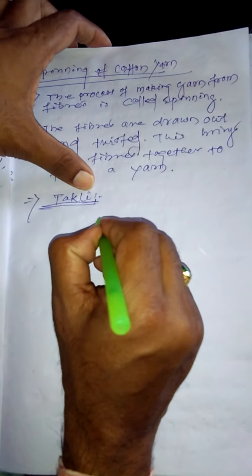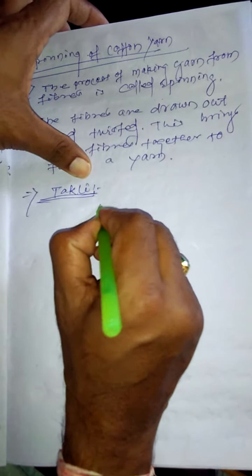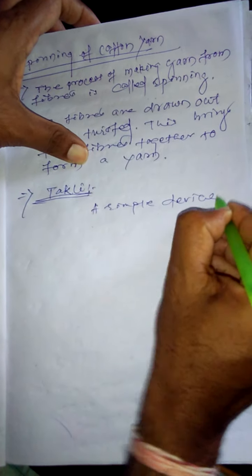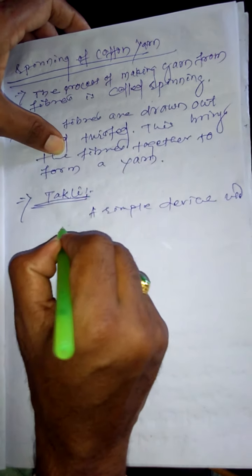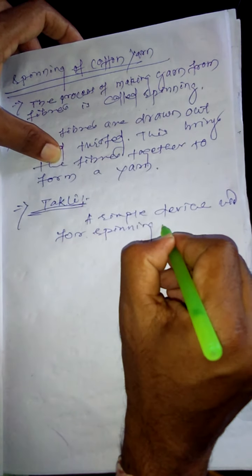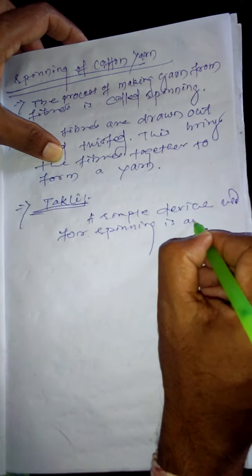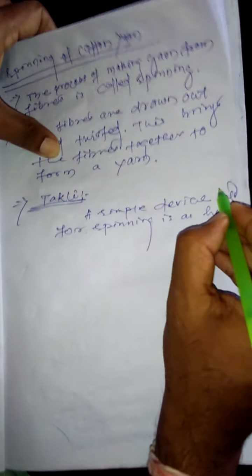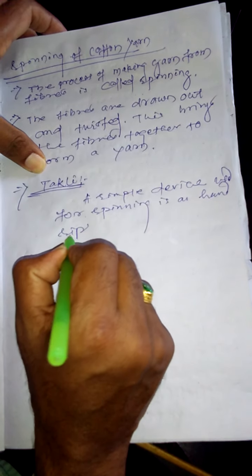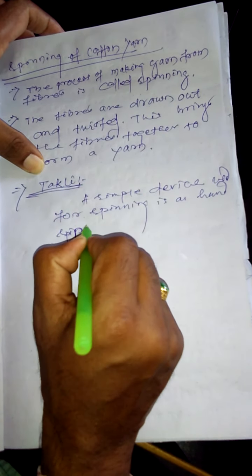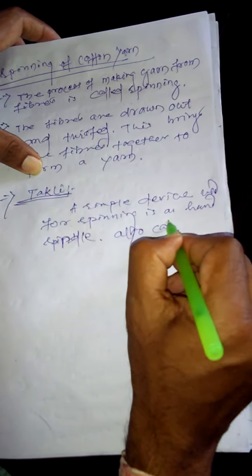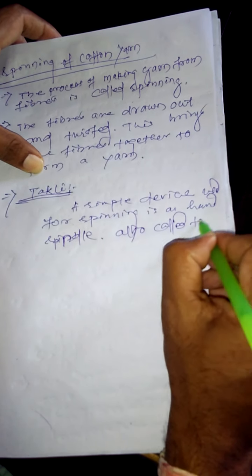This is a simple device used for spinning, a simple hand spindle, also called takli.